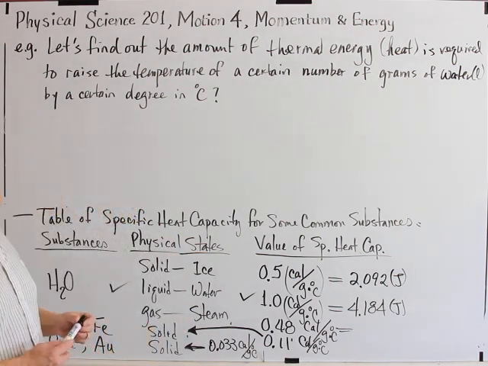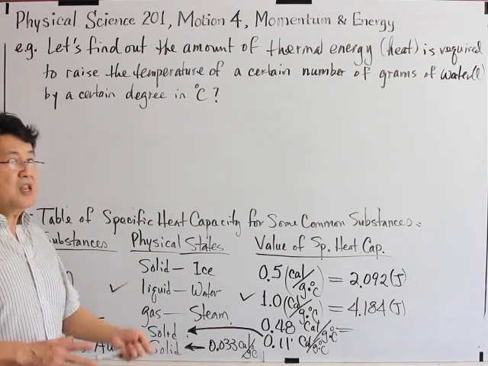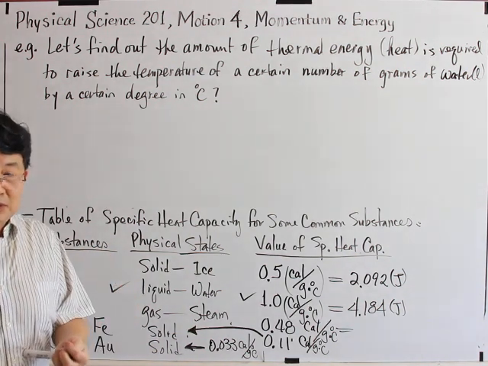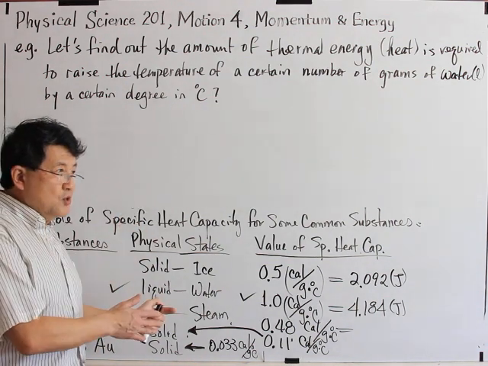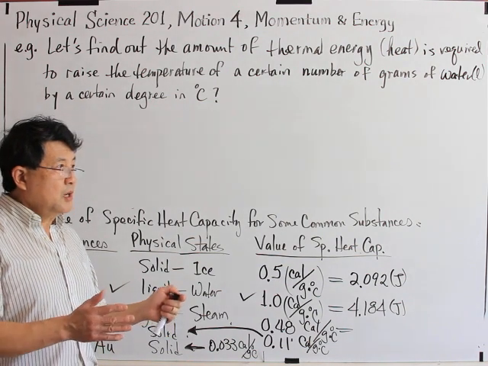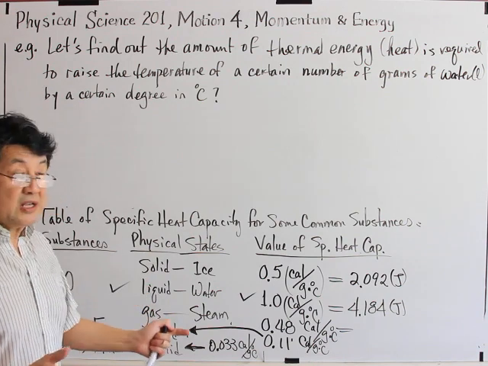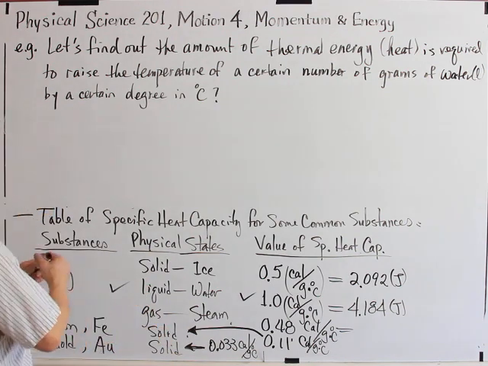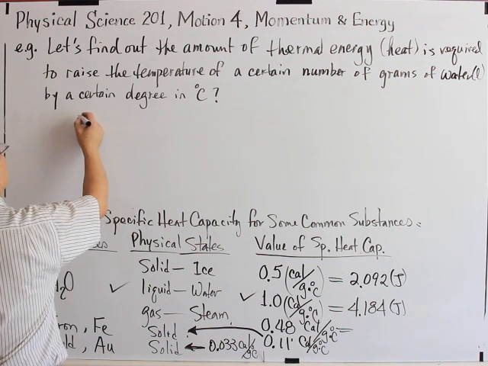So the mass and the degree of temperature increase or decrease, the energy will be a multiple, which is the product of multiplication of these two terms, the number of grams and number of degrees. So if you understand this, then we are able to give you an equation.